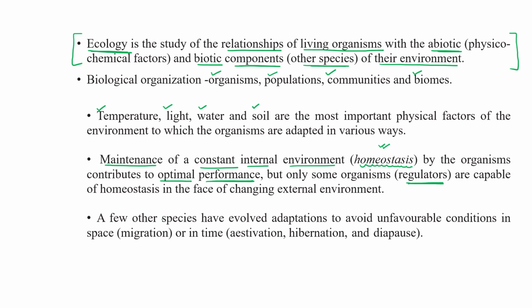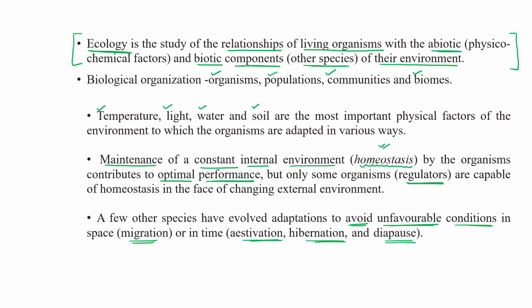A very few other species have evolved adaptations to avoid unfavorable conditions, those who are not able to maintain their constant internal environment. So how do they adapt to avoid unfavorable conditions? They either migrate from that area or go into a sleep condition, which we can call summer sleep, estivation, or winter sleep, hibernation, or diapause.